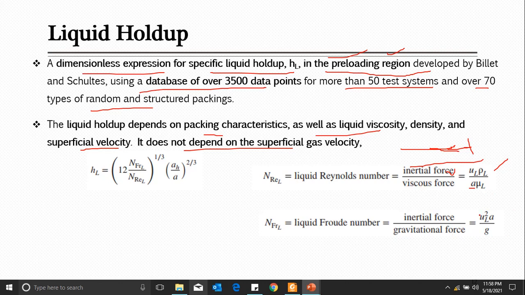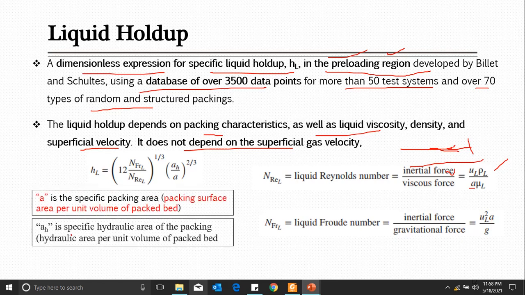Here it is viscous forces for Reynolds. The Froude number uses the square of the liquid velocity divided by the gravitational term and the specific packing area. A is the specific packing area, the packing surface area per unit volume of the packing bed, and this parameter depends on the packing type, its material, and those things.